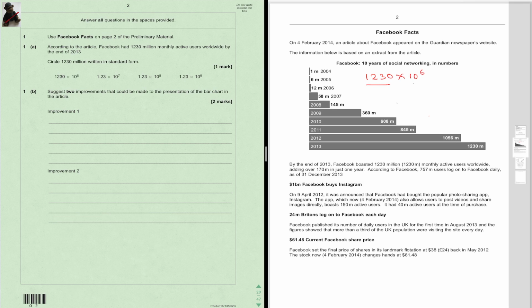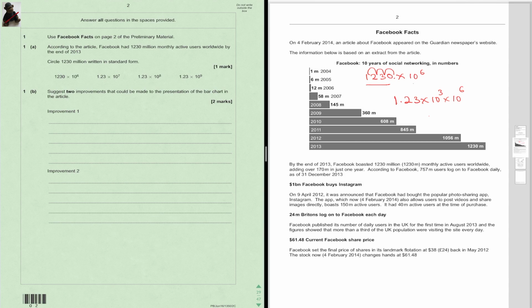So the point to the right is there, so I'm moving that point to the left. 1, 2, 3. So I'll move it 3 times. So that'll be 1.23 times 10 to the power 3, because I'll move it 3 times. I also add 10 to the power 6, which was there before, so I'll just write that down.